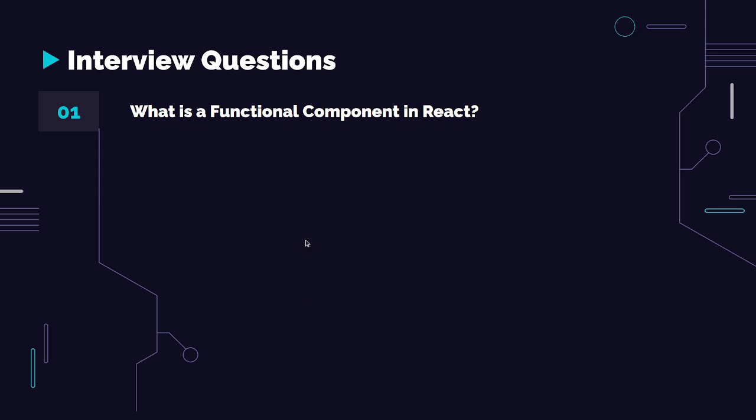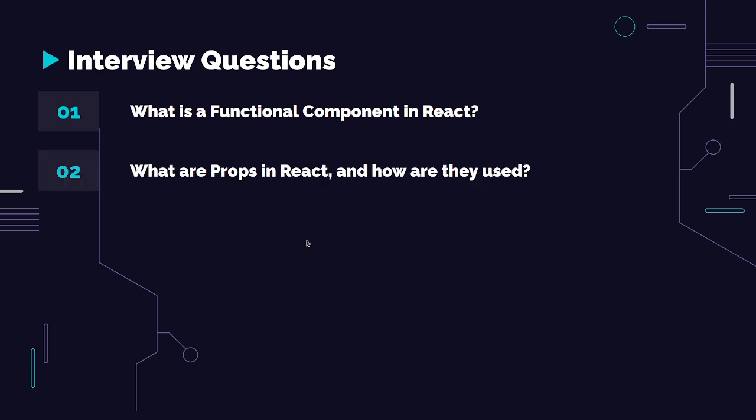Our next question is, what are props in React and how are they used? Props are the mechanism for passing data from a parent component to a child component. As we have seen in the examples, we can pass data from the parent component to the child component, which gets rendered or seen in the UI.